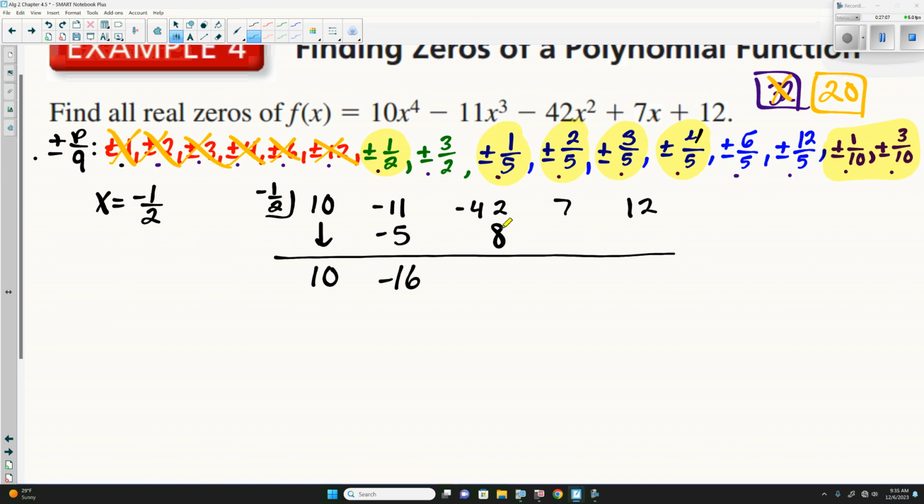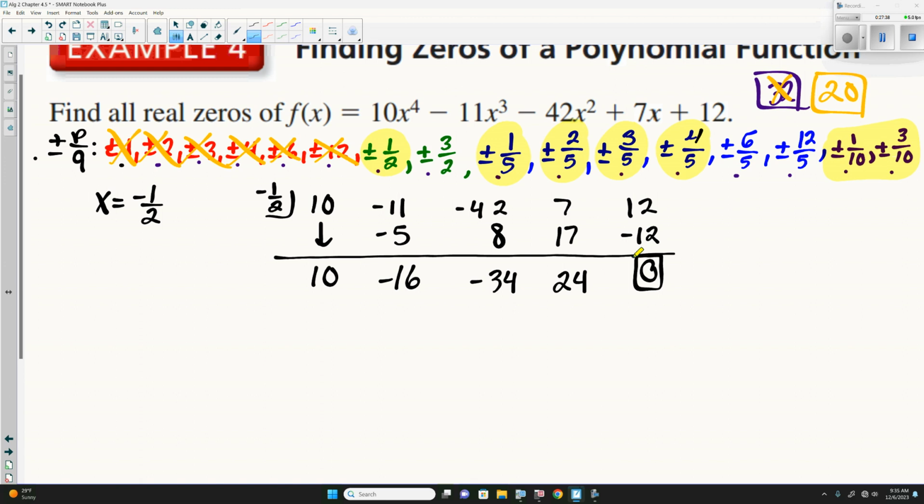Negative 42 plus 8 is negative 34. Negative 1/2 times negative 34 is positive 17. 7 plus 17 is 24. And negative 1/2 times 24 is negative 12, which gives us 0. Now we know the remainder has to be 0 because the calculator already told us it is a solution, and if it's a solution, the remainder has to be 0.